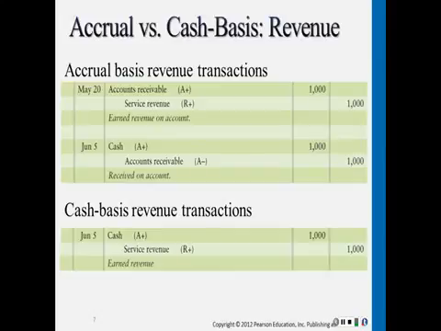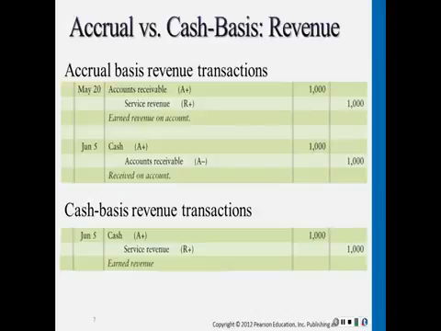Under the accrual basis, the business records $1,000 of revenue on account on May 20th as a debit to accounts receivable for $1,000 and a credit to service revenue for $1,000. Then, on June 5th, Smart Touch would debit cash for the $1,000 collected on account and would credit accounts receivable for the $1,000 cash received on account.